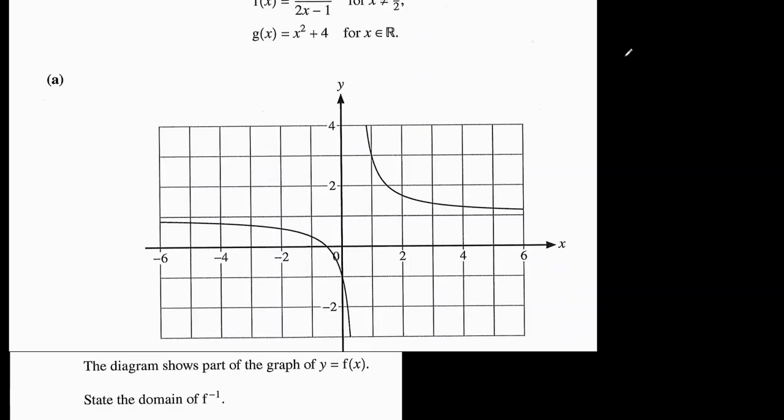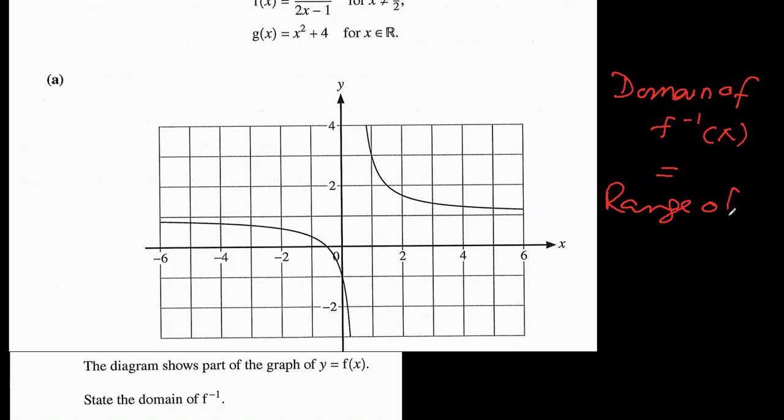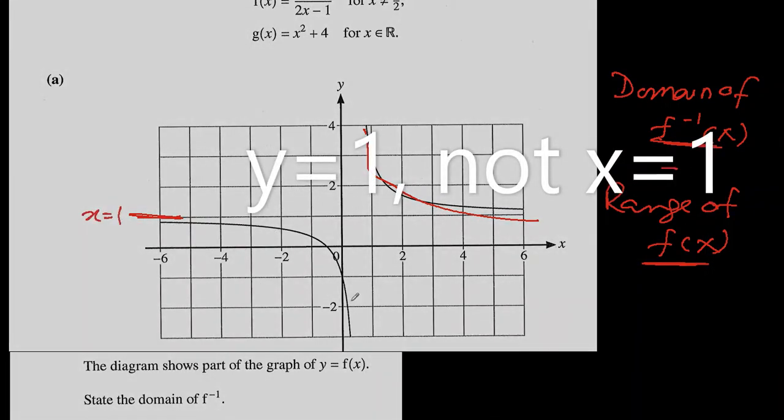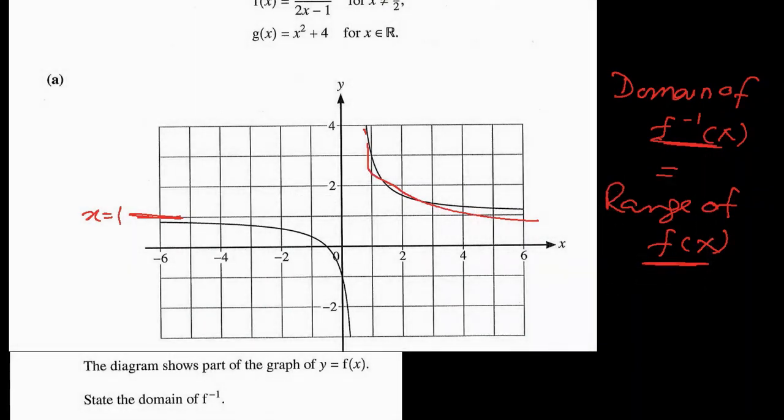So the domain of f inverse will be the same as the range of f(x), but it is the value of x, this will be the value of y. So let's see what values of y there are. All values we can see, this is the graph in y's direction, every point is there except for this one which is 1, and we have all values below 1 also.